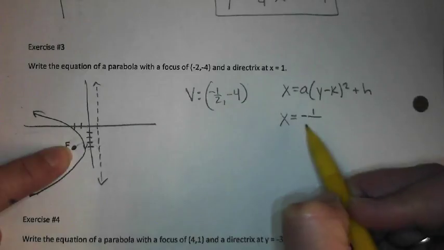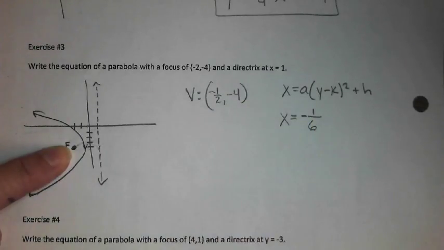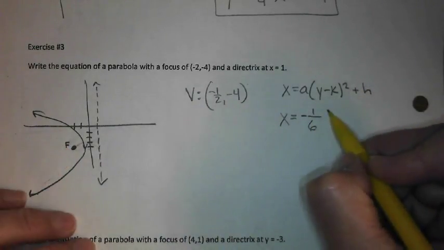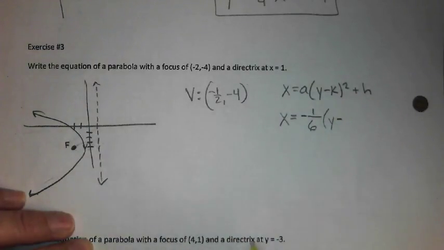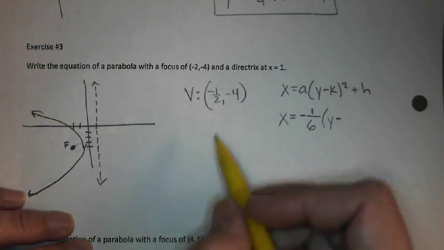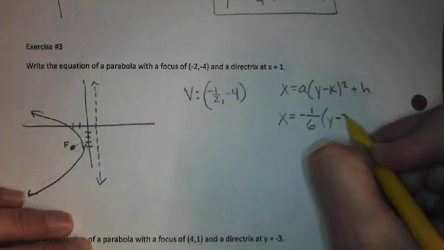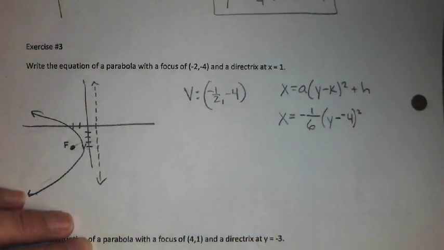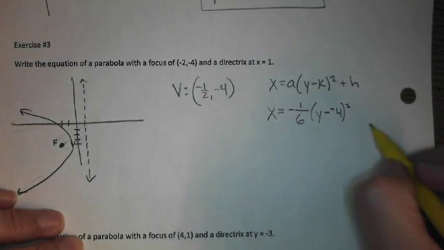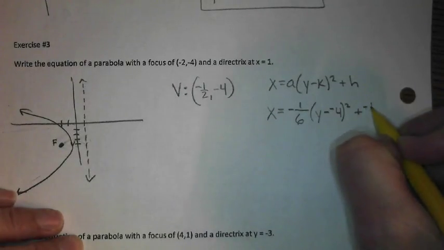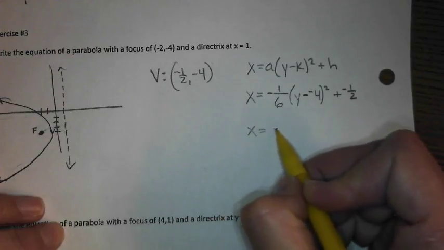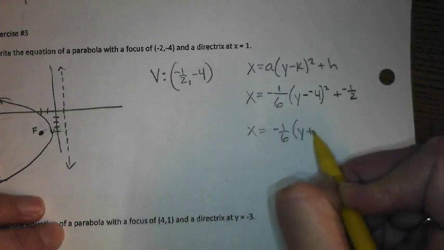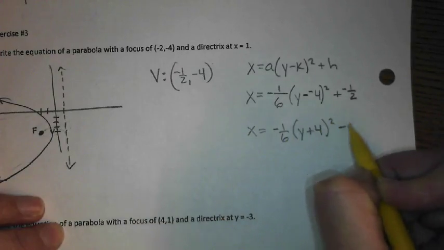So double that is 6. Micah, what's my k value? -4. Y minus -4. You'll see why that turns into plus, right? Plus my h value is -1/2. Now we just simplify. X equals -1/6, parentheses y plus 4 squared minus 1/2.